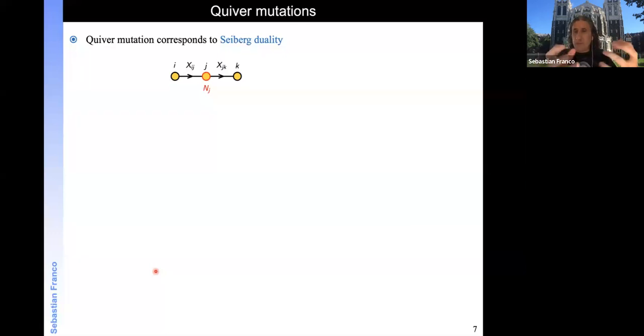So you have a piece of your quiver, where you have a couple of nodes, a node here, there are some fields connecting to it, you might have many fields connecting to it on each side. I want to mutate on this node. So the operation on the quiver corresponds to replacing the original flavors by dual flavors, which have the opposite direction, meaning that if this was just super QCD, they will have conjugate representations under the global symmetry.